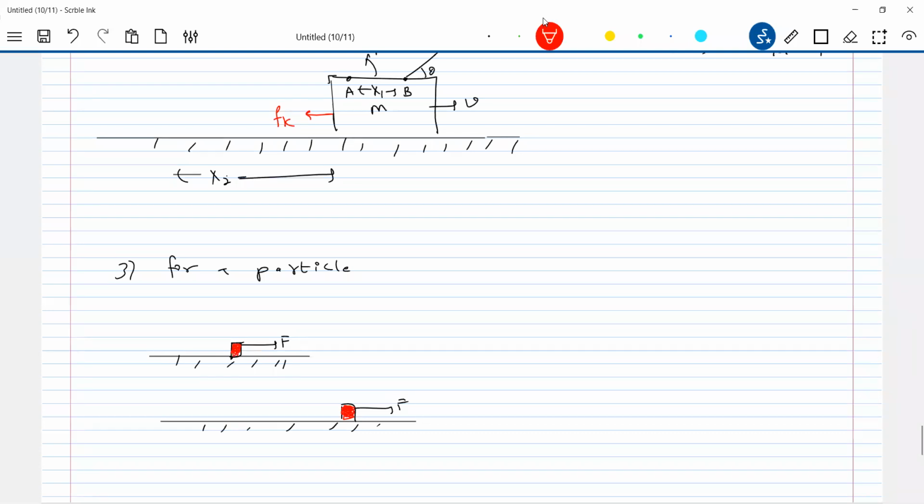Now, the displacement of the point of application of force and the displacement of the particle are both same, so the work done by the force and the work done by the force on the particle are same. So for a particle, I can write: work done by a force is equal to work done by a force on the particle.